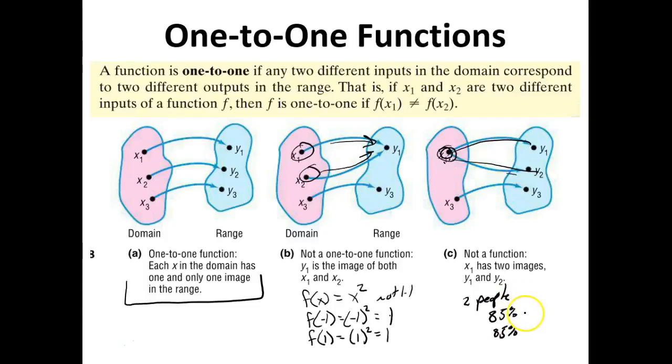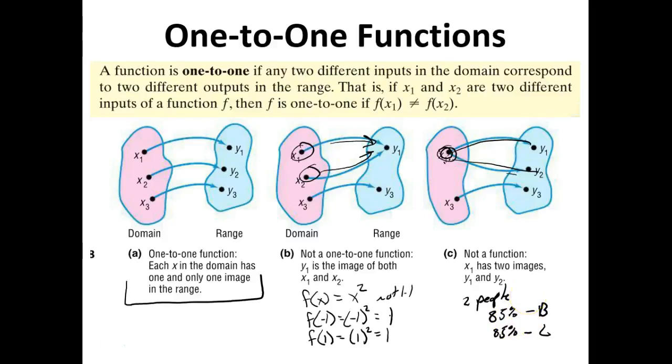This first person, I decide, you know what, they got an 85%, they're going to get a B. This bottom person, yeah, they got an 85%, they're going to get a C. How happy would those two people be? Not very happy. So if one same number corresponds to two different things, it's not going to be a function.